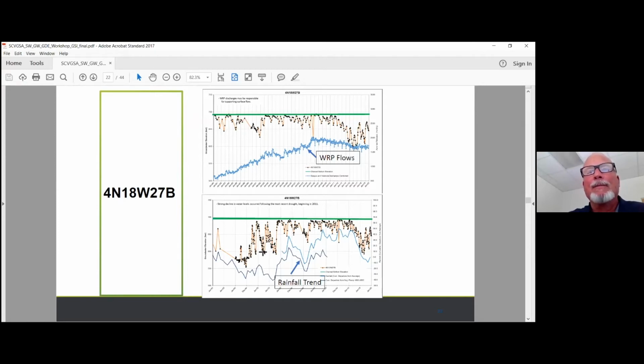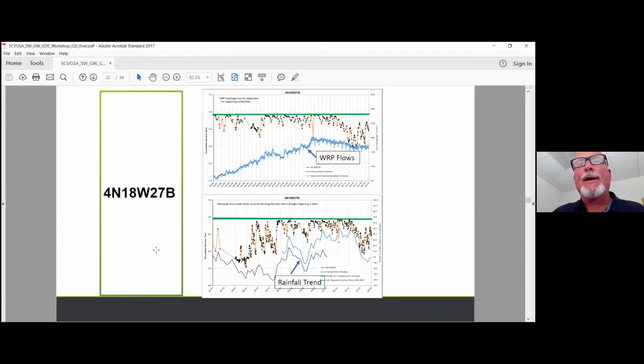You can also see the rainfall trends here that we're showing, and there seems to be a pretty strong correlation with the rainfall trends. Here, for example, in 2011, 2012, when rainfall was way below average, we had that big drought. You see the water levels really dropping off, and then when the wetter conditions return, we see the water levels coming back.